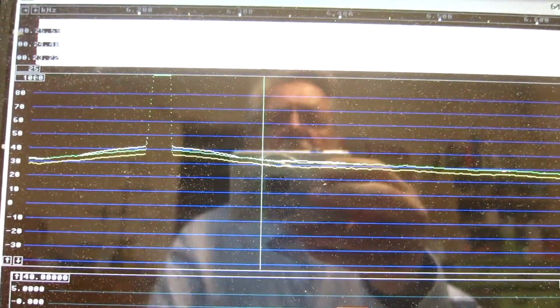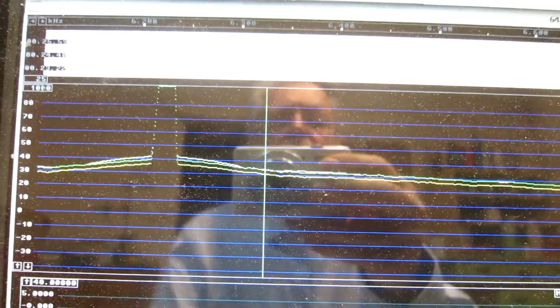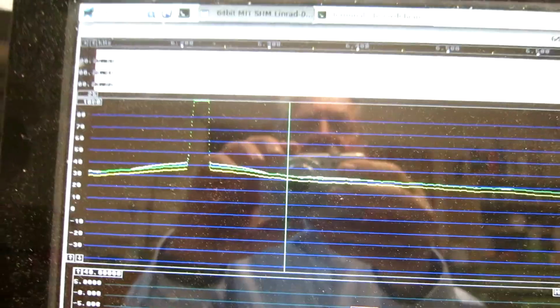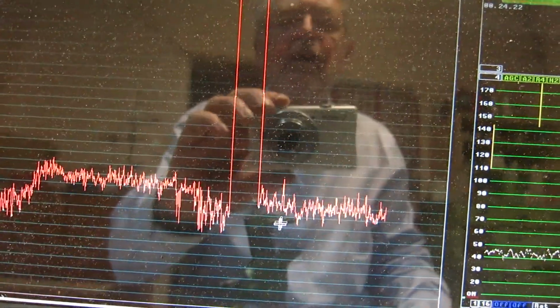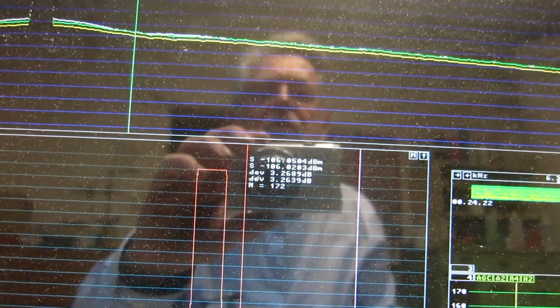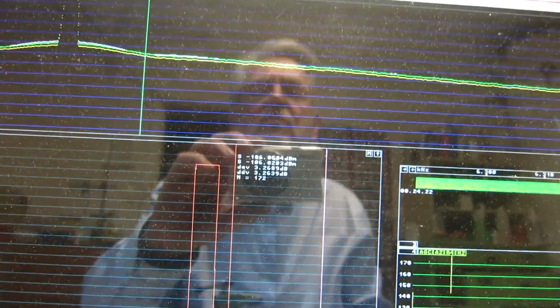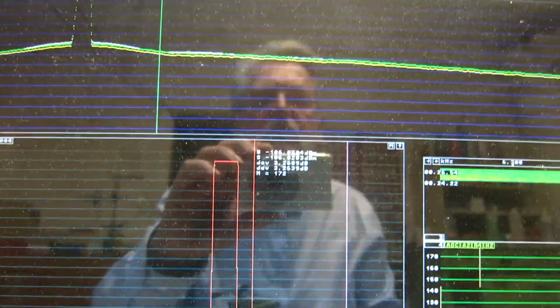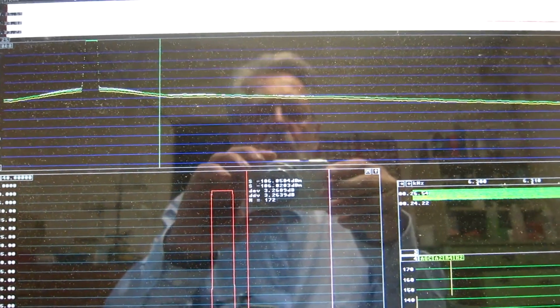Here is a particularly bad crystal. Correlation is insignificant. I can read the channel levels here. Minus 106, and both channels are the same because the noise comes from the crystal and it's the same in both channels.